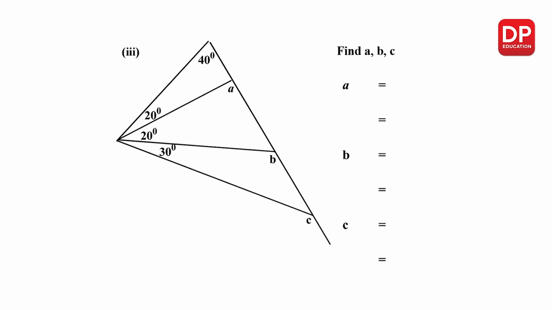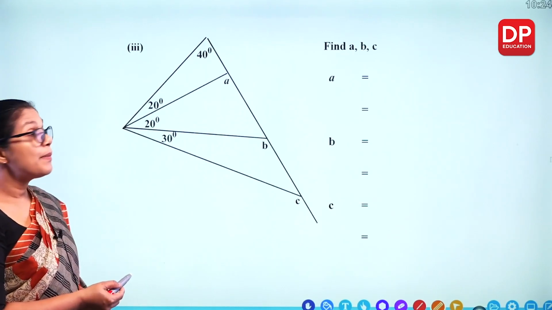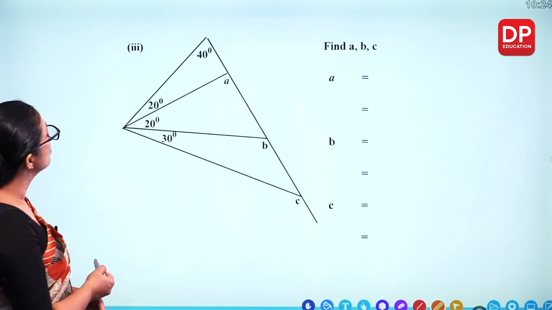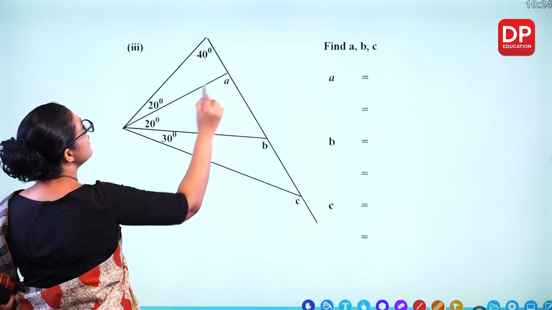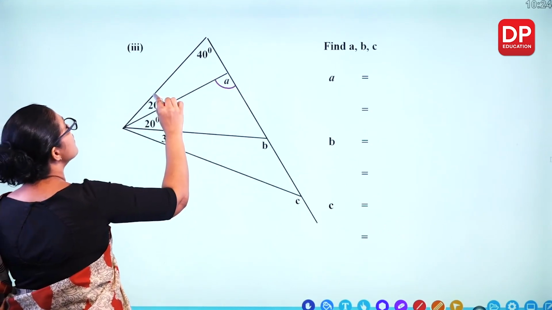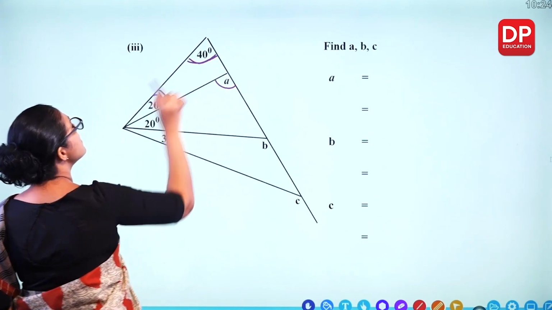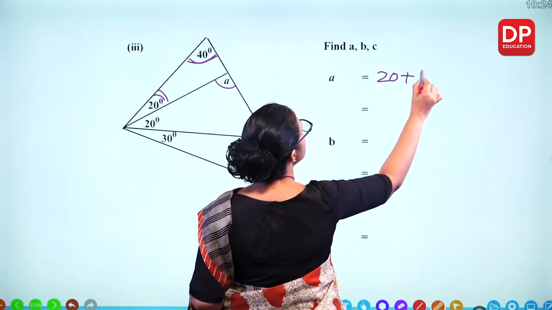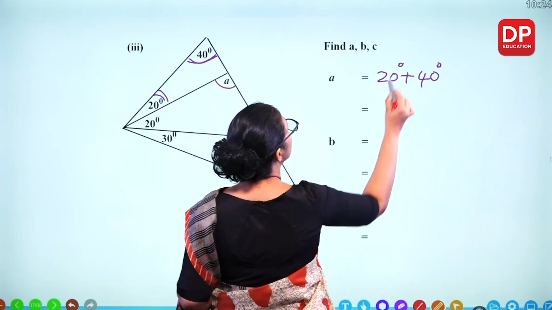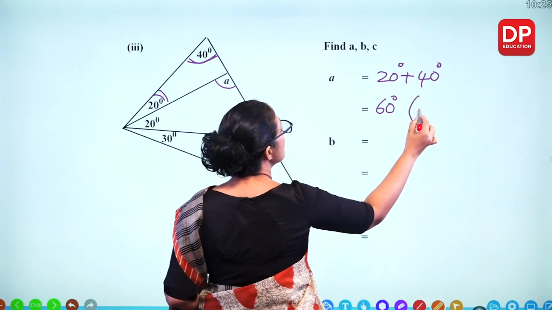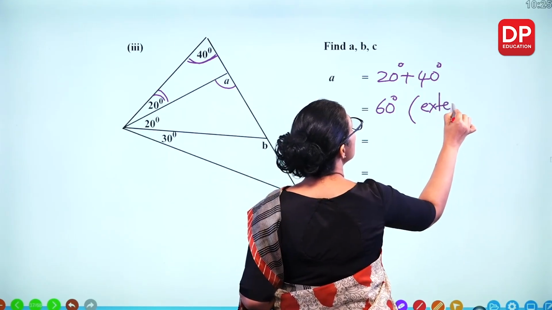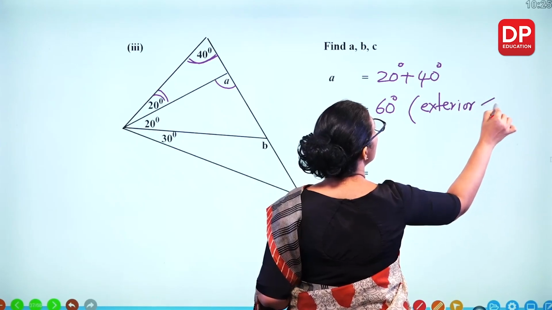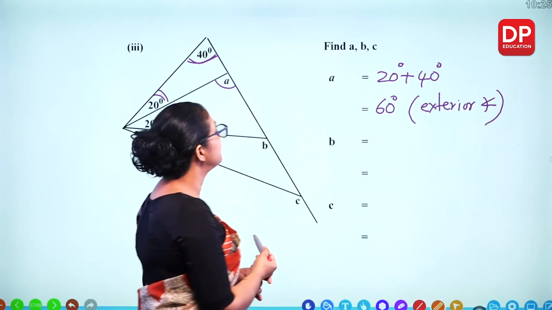Look at this one. You are asked to find ABC. Look at this small triangle. This is the exterior angle. So these are opposite interior angles. So what's A? Sum of 20 and 40. You get 60 degrees because the exterior angle is equal to the sum of opposite interior angles.